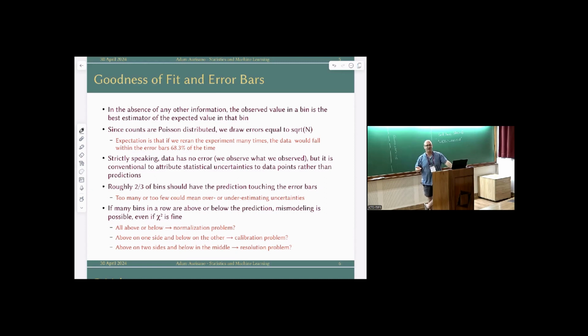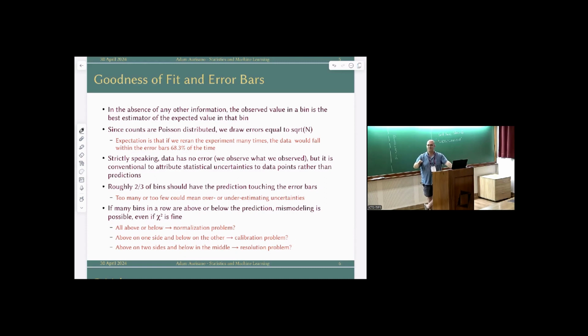So if you ever see a plot where the prediction goes through all the error bars perfectly, that is actually suspicious. The p-value you would get would be fantastic, right? But if you see the prediction going through every single error bar, that's very suggestive that someone has overestimated their uncertainties, right?